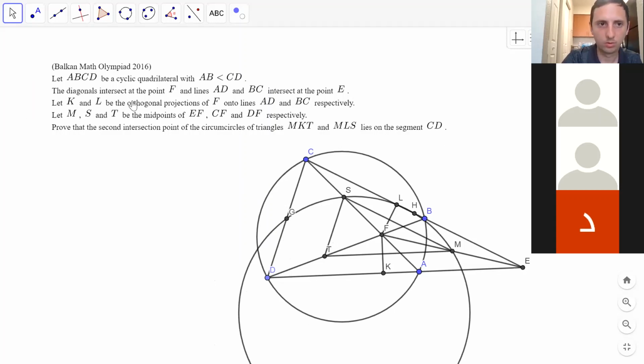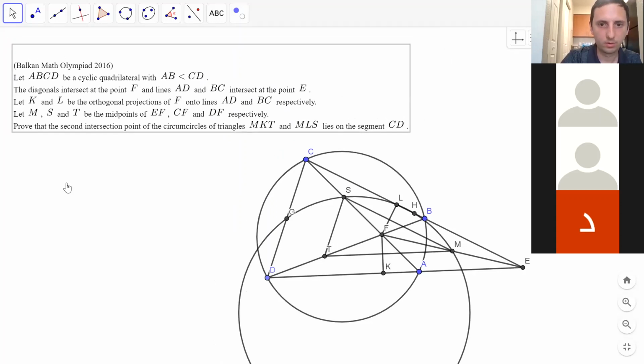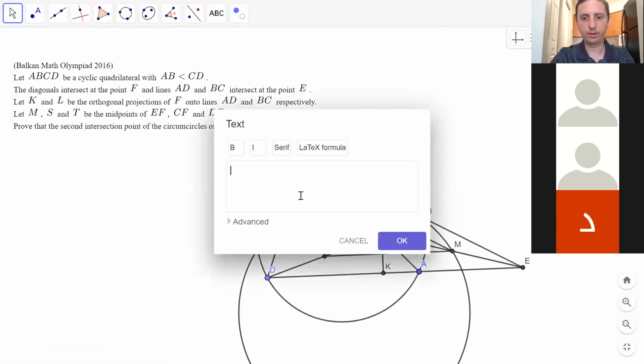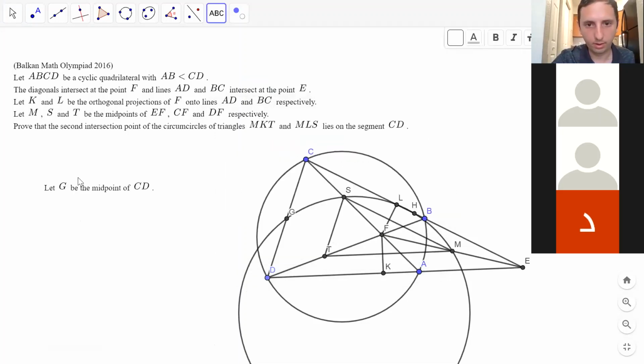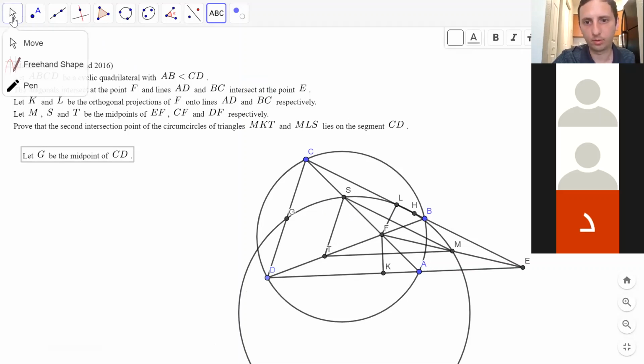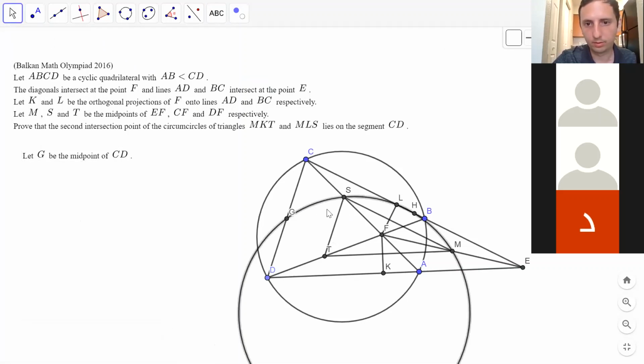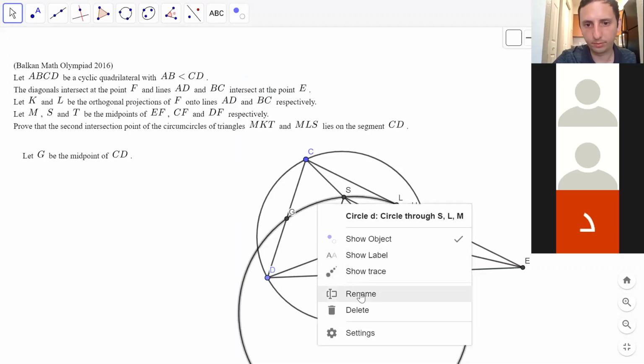So, all right. Let G be the midpoint of CD. And then we're going to show that G, S, L, H, and M are cyclic. So I'll say let H be the midpoint of CE.